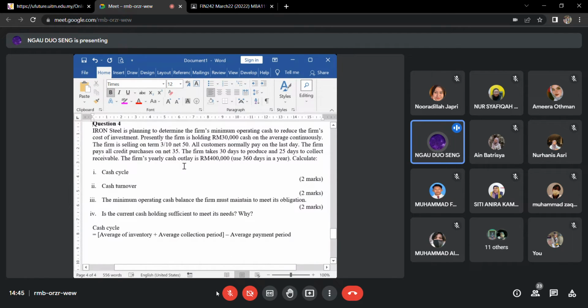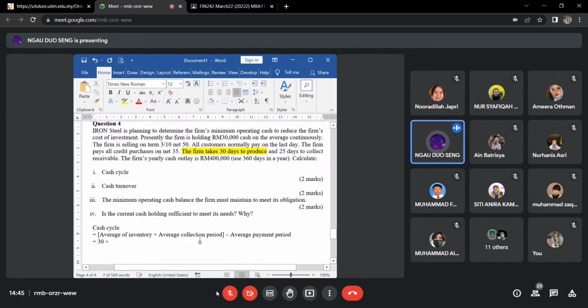They have say here the firm take 30 days to produce. This is the inventory, adalah inventory daripada beli sampai dia siap. Okay, so this one is 30.